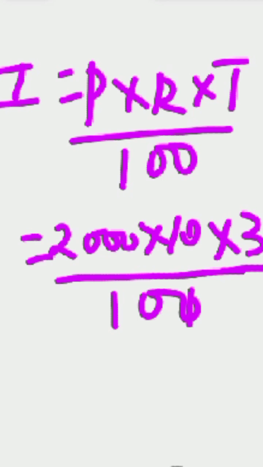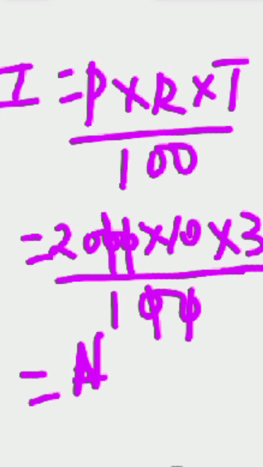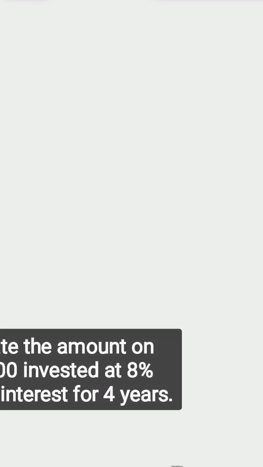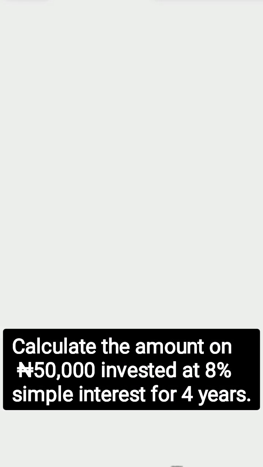Now 0 cancels 0, 0 cancels 0. You have 20 times 10 times 3. 20 times 10 is 200. 200 times 3 will be what? 600. So our answer becomes 600 naira. Very simple. The next example: calculate the amount on 50,000 naira invested at 8% simple interest for 4 years.